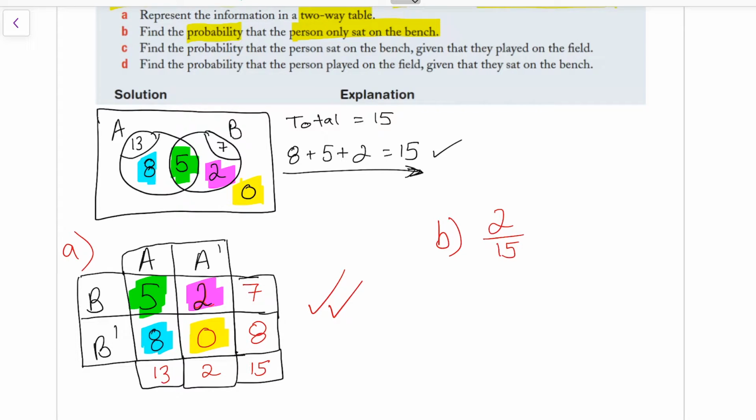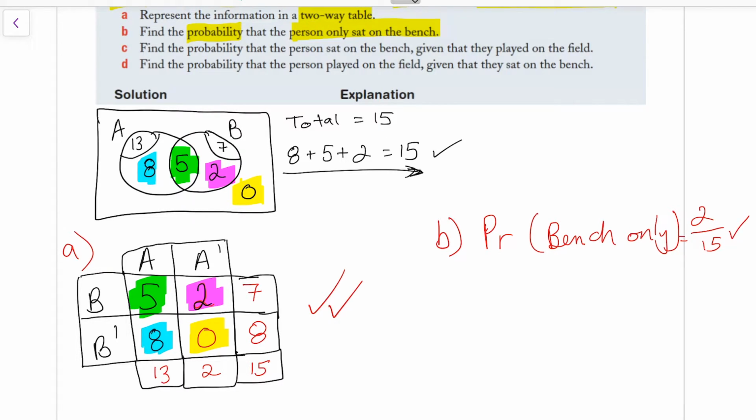All right, so remember the B stood for the bench and A stood for playing. Then they asked for, and I'm just going to write this with the notation because it might help you. So the probability of bench only, that was 2 over 15.